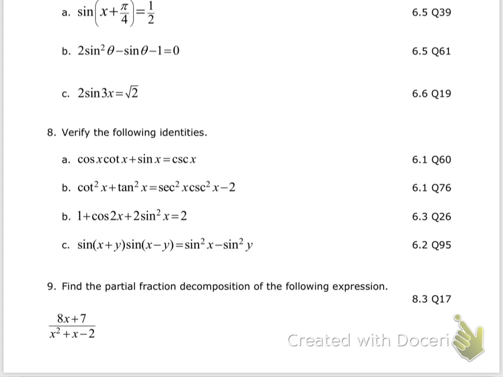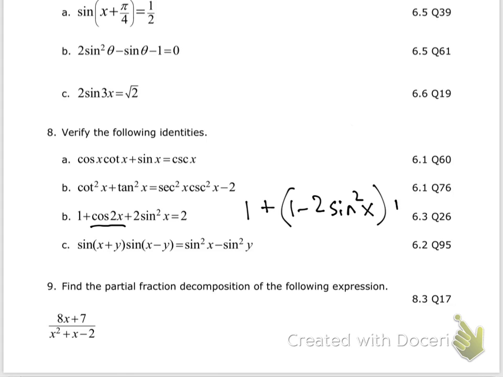So where's this from? This is from 6.3. Right, okay, so let's take a look at it. Question 26 from here. Right, okay, actually this is pretty quick, this one. Cosine of 2x is 1 minus 2 sine squared x.